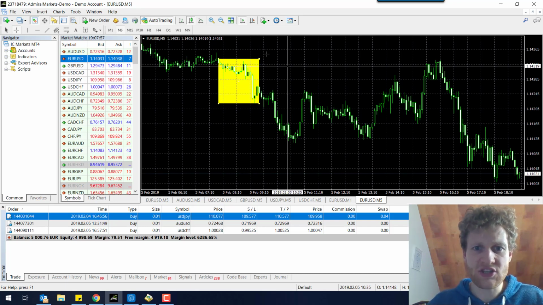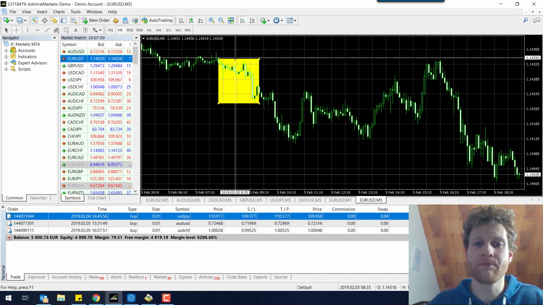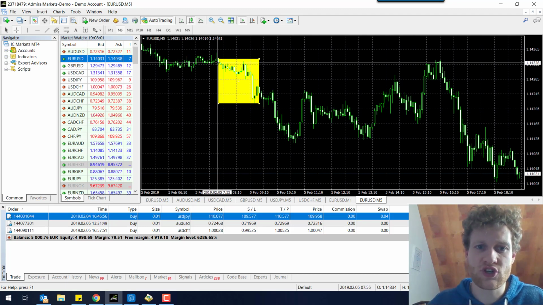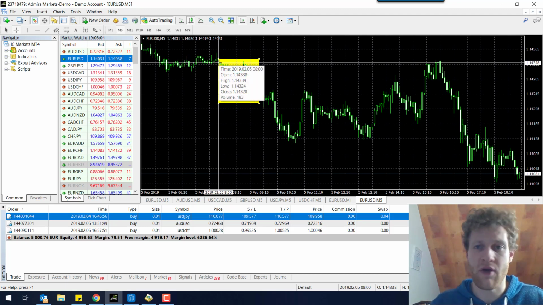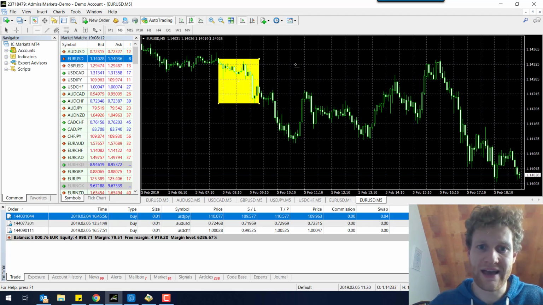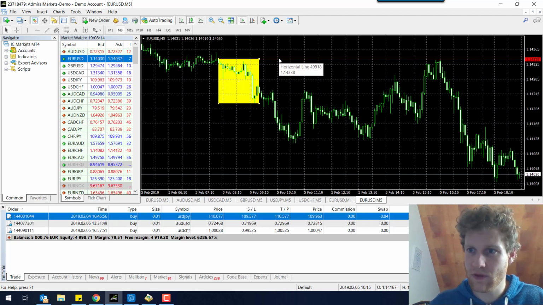So in this range we just choose the highest price, which comes with the very first candle in this case, and the high is at 1.1433, and I can mark it with a line like this.